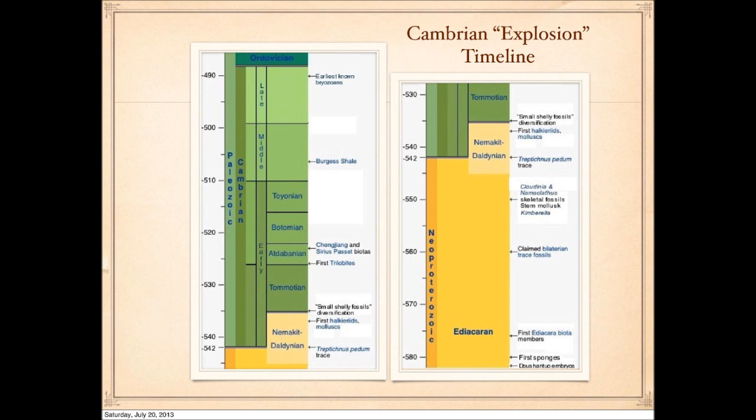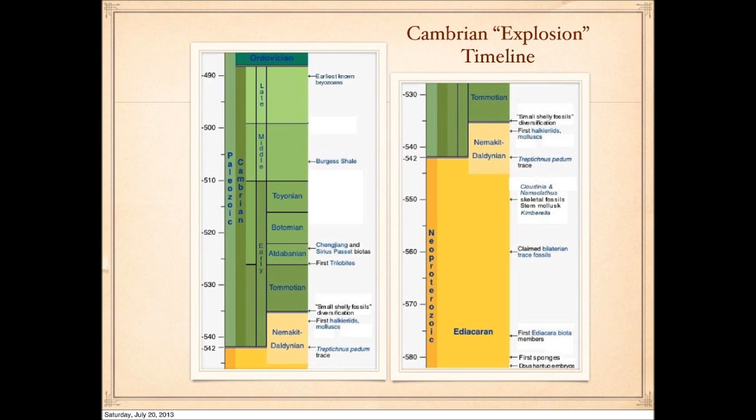First sponges appear about 580 million years ago. The first bryozoans about 490 million years ago. That's 90 million years. Okay? The time since the extinction of the dinosaurs is 65 million years.